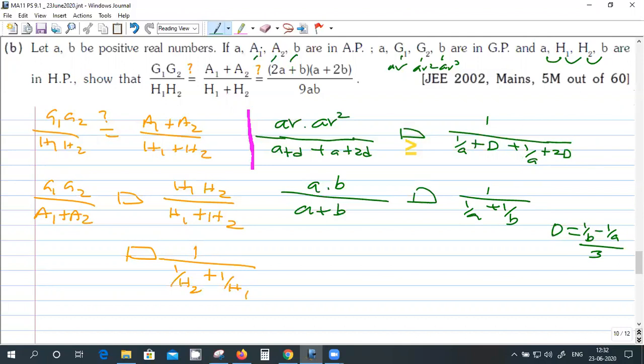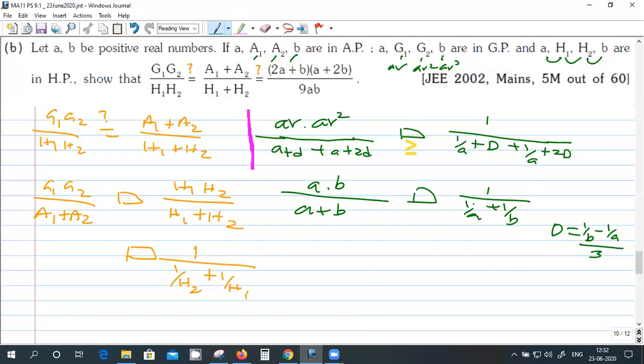Similarly, we have A1 is A plus D, A2 is A plus 2D, and A plus 3D is B. Similarly, 1 by A, 1 by H1, 1 by H2, and 1 by B will be in AP with common difference capital D. So 1 by A plus D, 2D, 3D will be 1 by B. Is it clear?